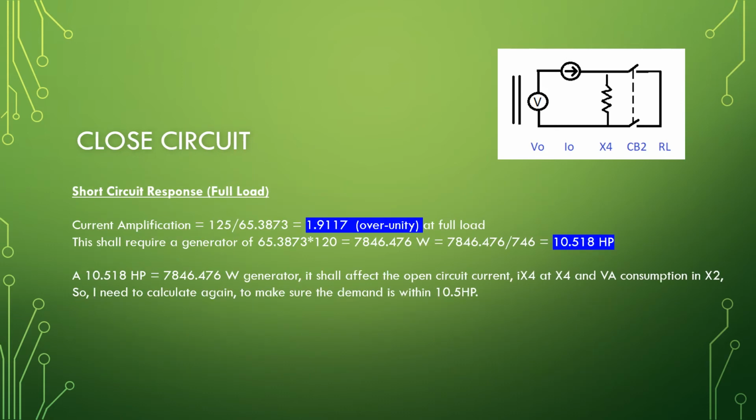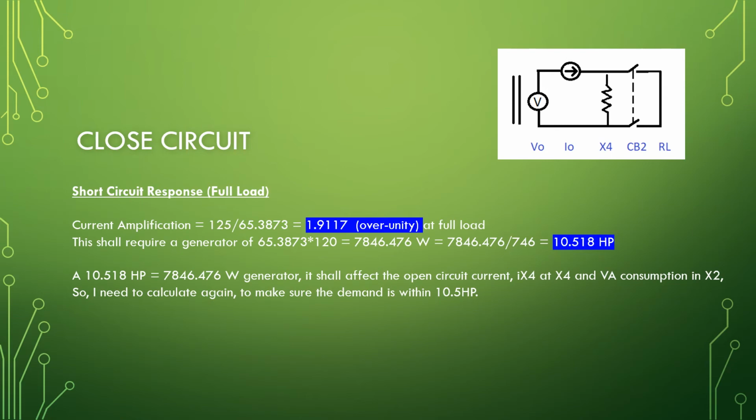Short circuit response, full load. Current amplification equal to 125 divided by 65.3873 equal to 1.9117 over unity at full load.